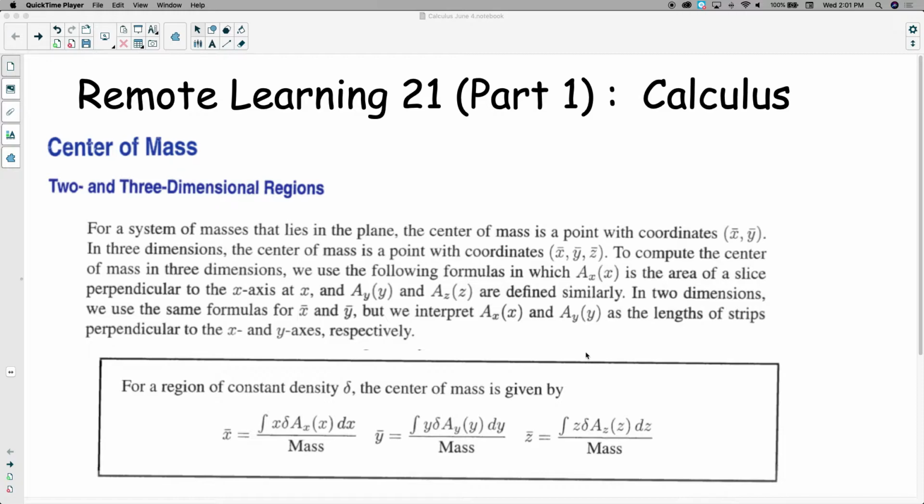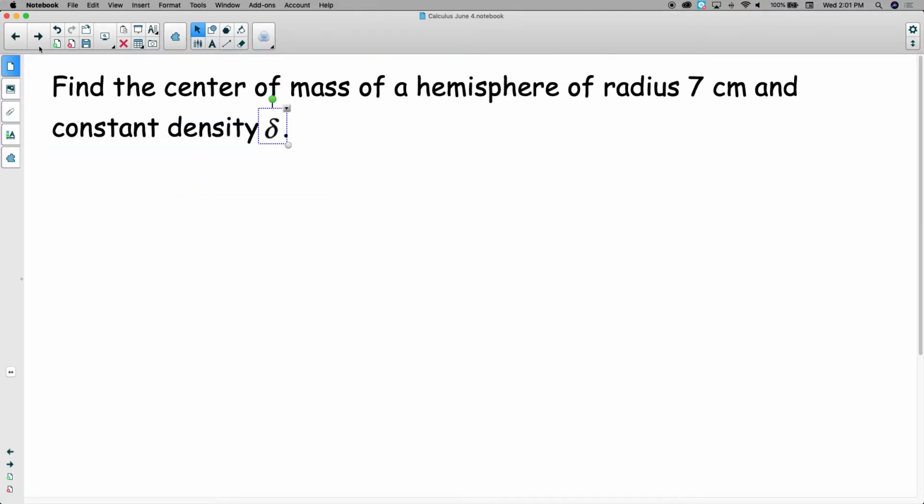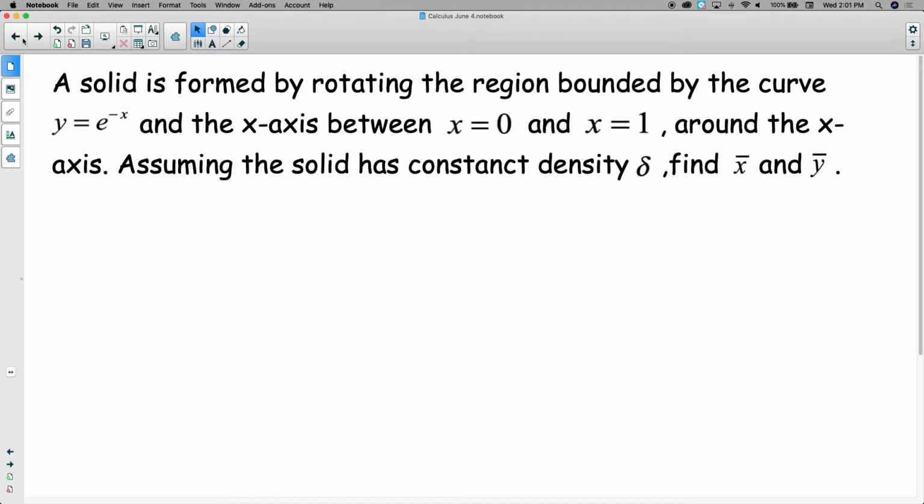Okay, so there's going to be two problems. There's this problem here, which is going to be a hemisphere, so half of a sphere. And we will break this one down and find the center of mass of a hemisphere. And then there's this problem, which sort of harkens back to solids of revolution.